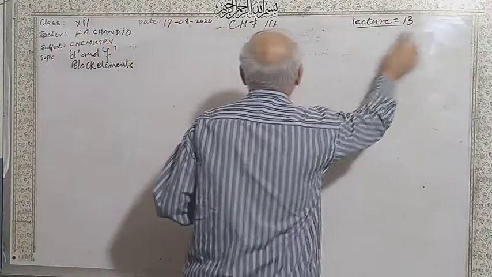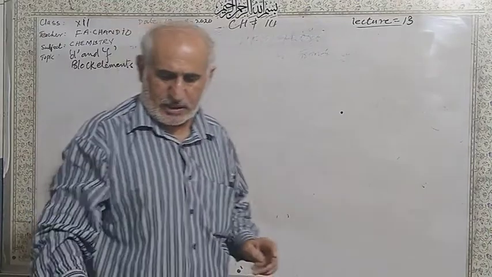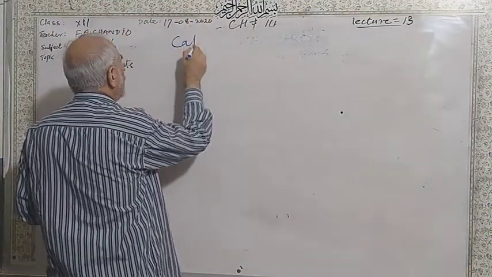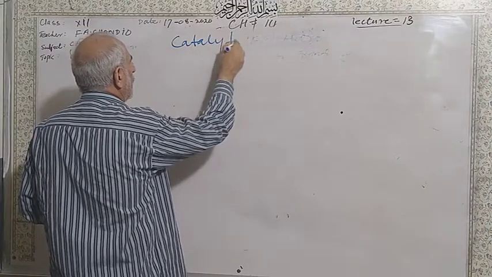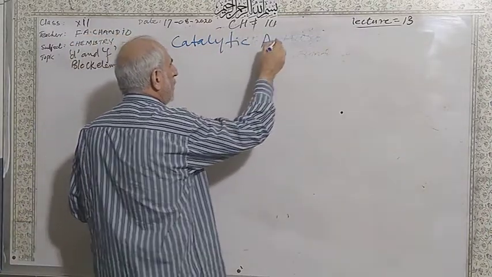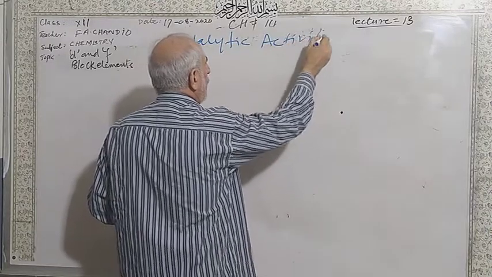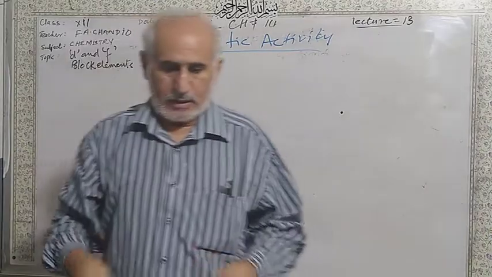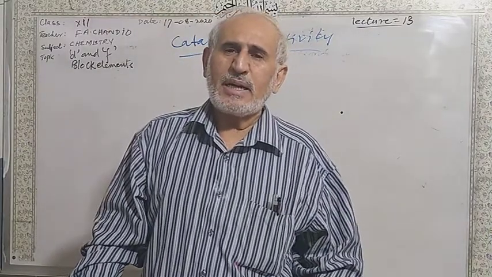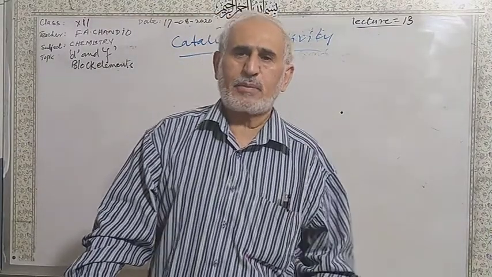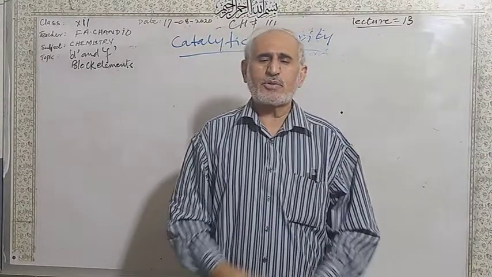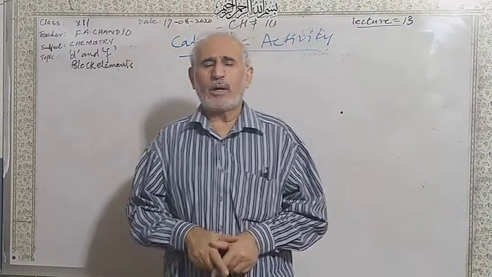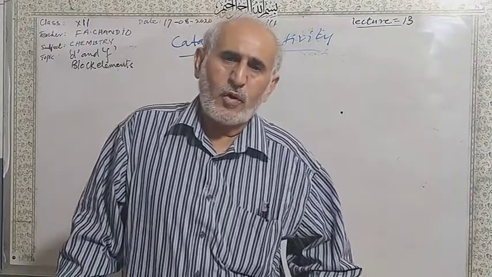There is another very important property of the d series: catalytic activity. They are used in catalysts. A catalyst is a substance, maybe in pure element form or in compound form.